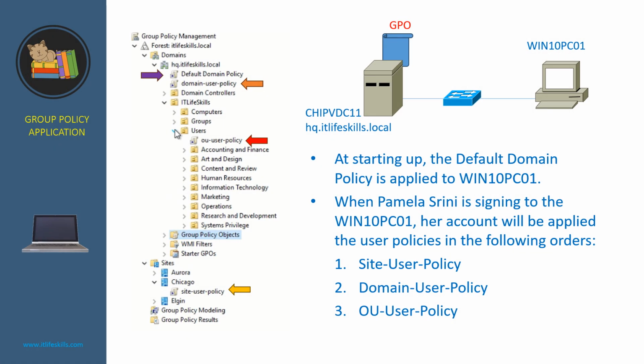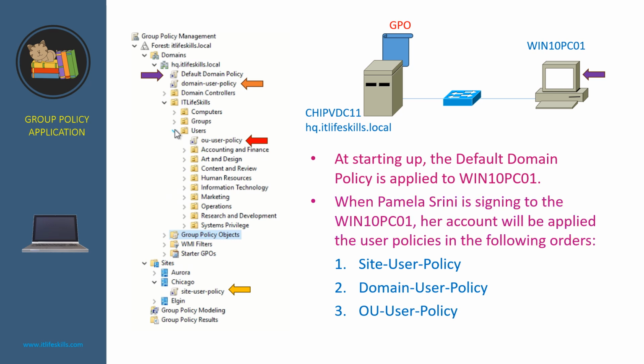Let's analyze in what order the group policies are applied to users and computers in this Active Directory environment. First, at startup, the default domain policy is applied to Win10 PC01 because it is a computer policy.